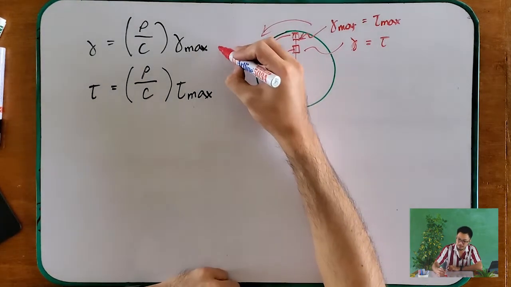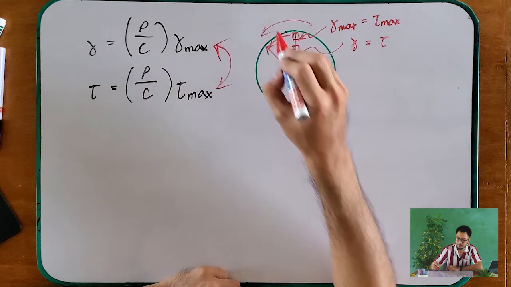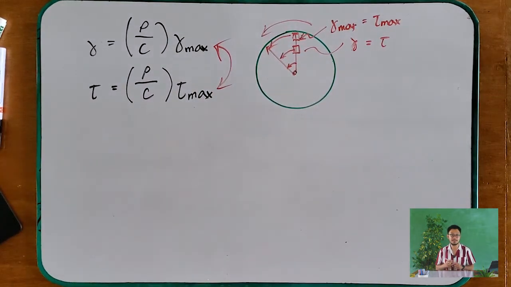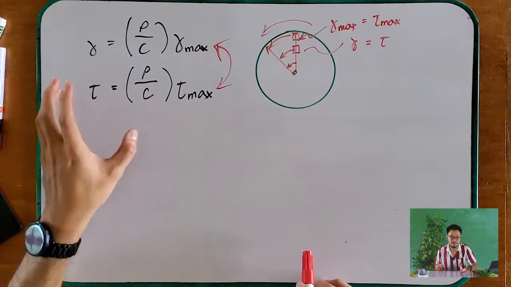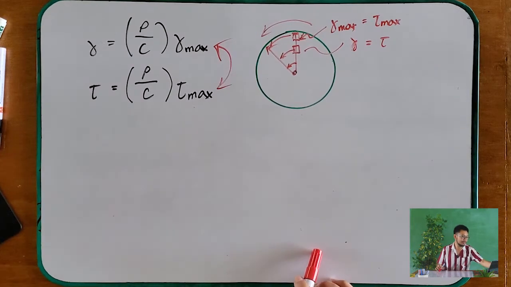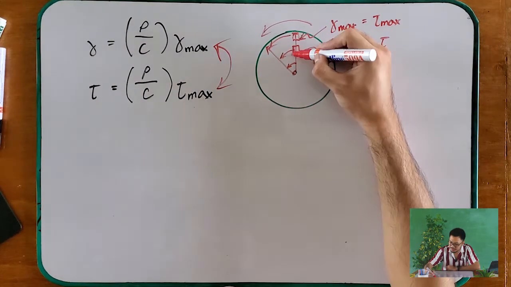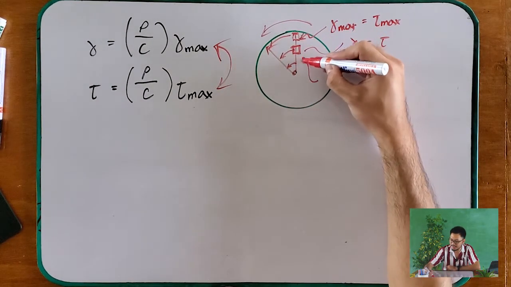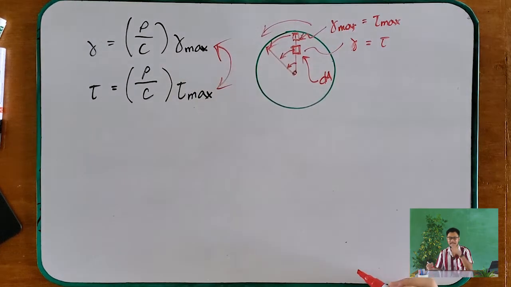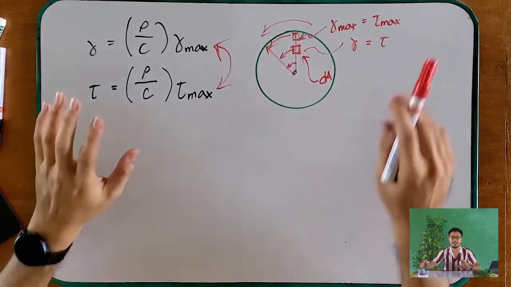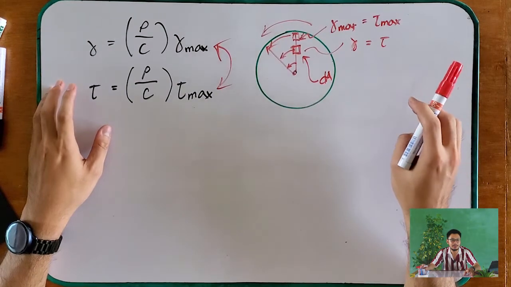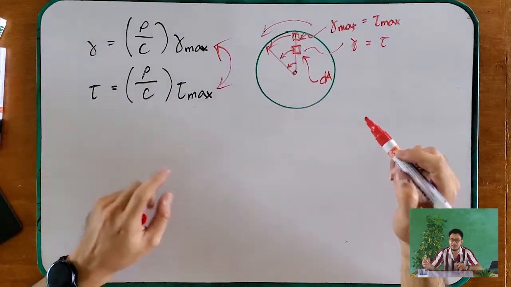So therefore, we can just use these two equations interchangeably depending on what you need. Okay? And so let's call this one your differential area, your dA. And as you can remember, what is the formula of shear stress?